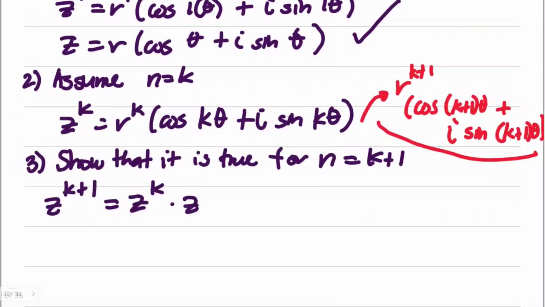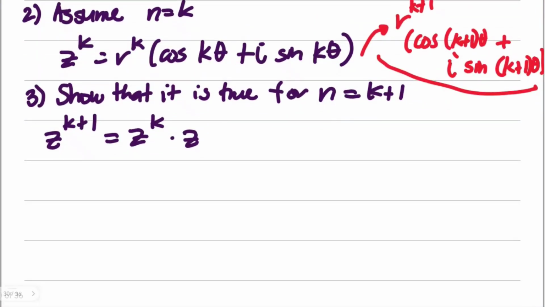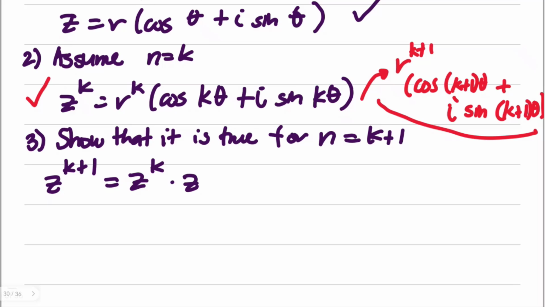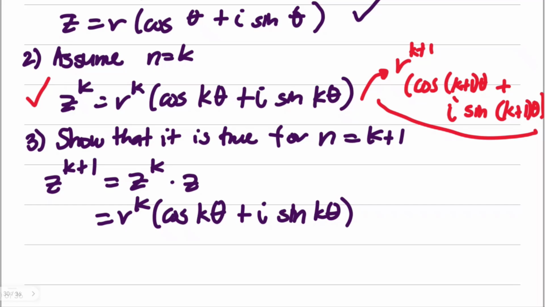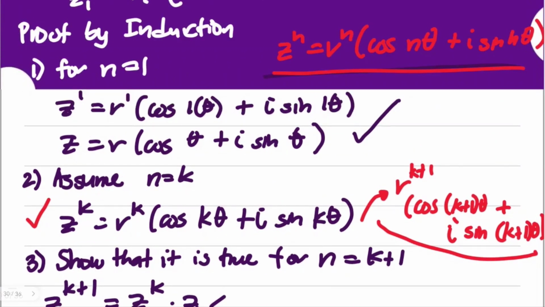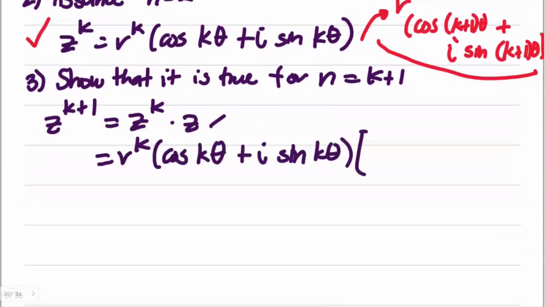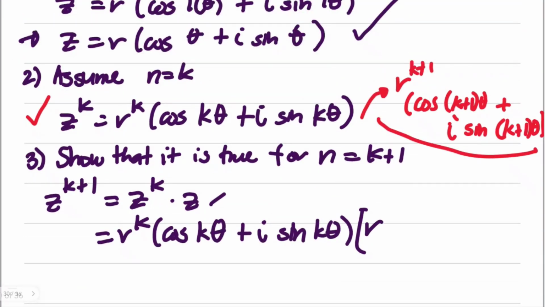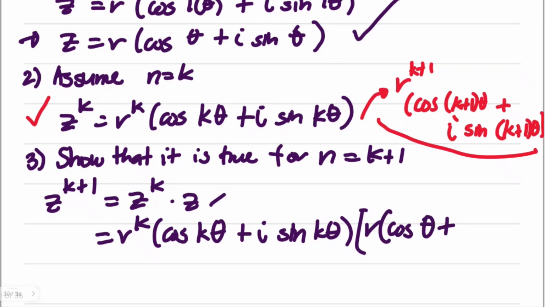Okay, so let's continue. Take note that z to the power of k is identified here, so we'll have r to the power of k cosine k theta plus i sine k theta times your z, which is actually expressed in this manner. So you will have r times cosine theta plus i sine theta.